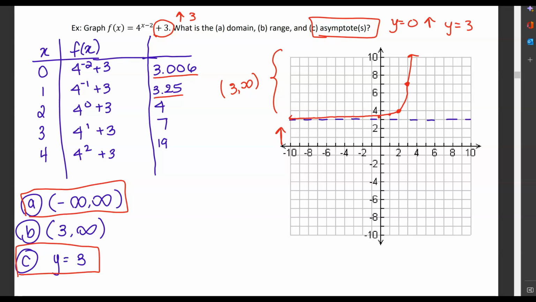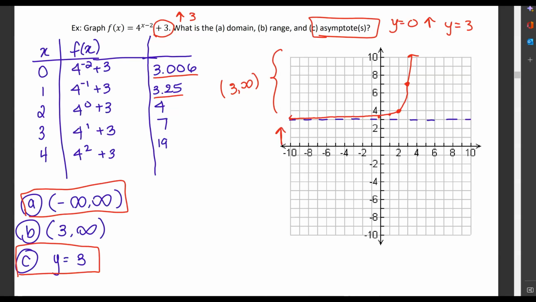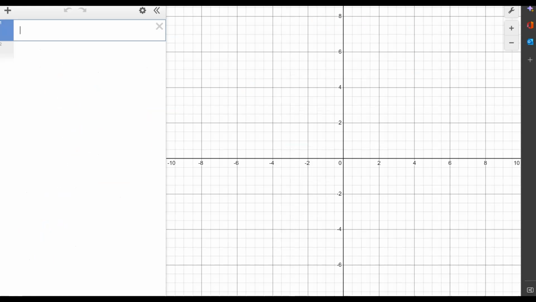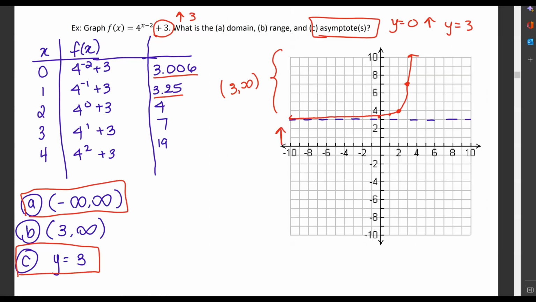All right, I wanted to take a moment to show you how to graph this on a graphing calculator, because as much as I want you to understand how to graph it manually, realistically speaking, you're going to be graphing on a calculator. So I'm here at the Desmos graphing calculator. I'm just going to plug in the values. Our function is f of x equals 4 to the x minus 2, plus 3.